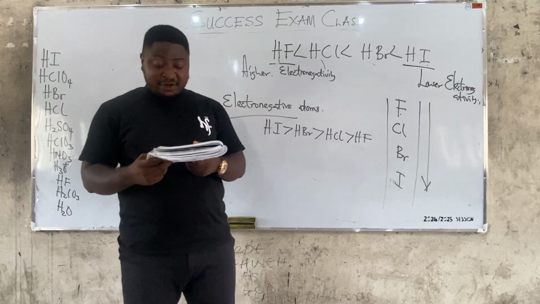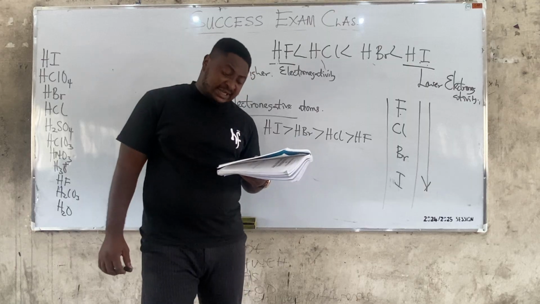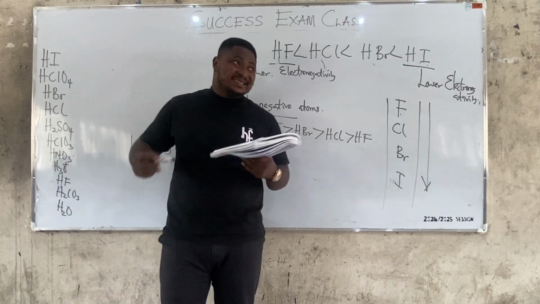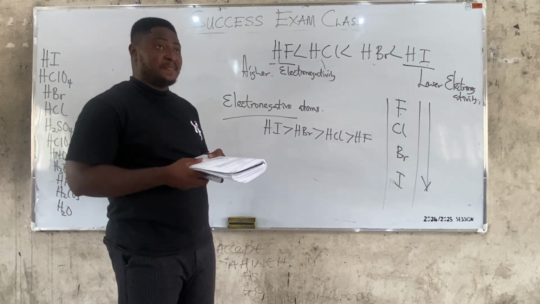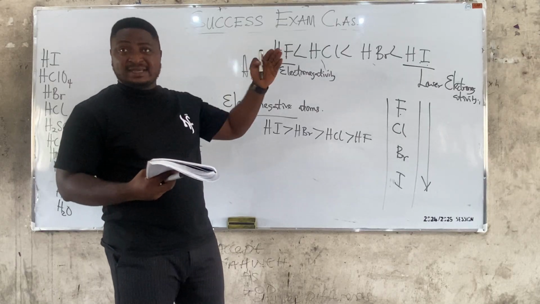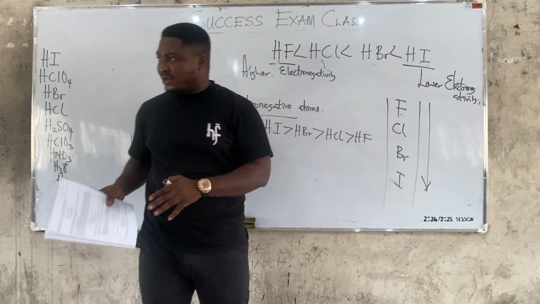So right now, the strength of an acid increases as the electronegativity of the non-hydrogen atom decreases along the group.